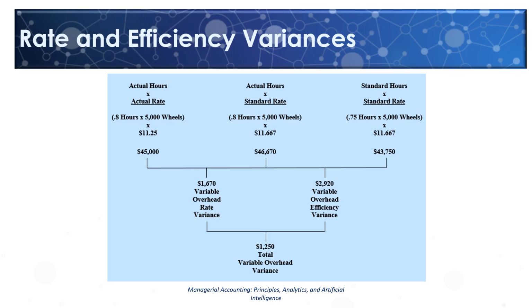That difference is the overhead efficiency variance. In this case, the actual hours is greater than the standard. 0.8 hours is greater than 0.75. So that efficiency variance is unfavorable. We are less efficient. Taken together, we have a favorable overhead rate variance, but an unfavorable efficiency variance. Our total overhead variance is $1,250, and that is unfavorable.